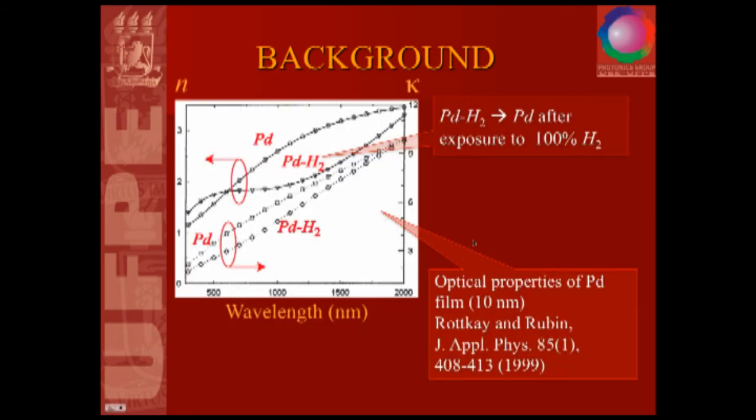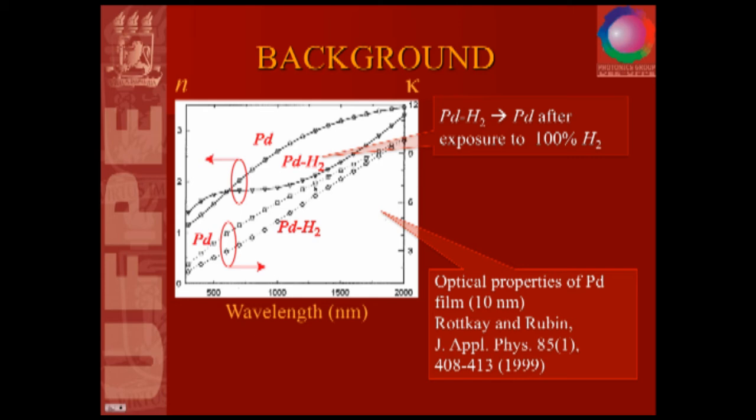So these are experimental data measured by Rothke and Rubin in 1999, showing the change in refractive index and extinction coefficient of palladium before and after exposure to a 100% atmosphere of hydrogen.